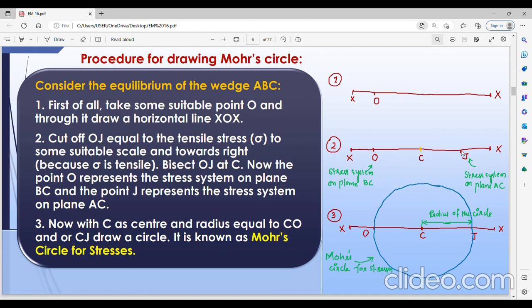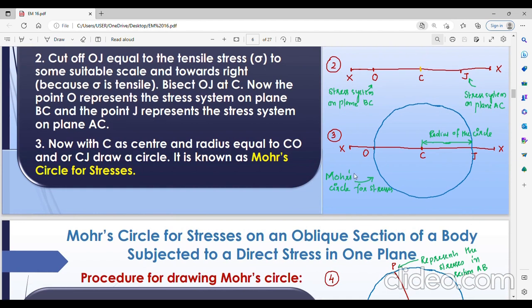So CJ as the radius, we are drawing a circle. It will pass through the points O and J. Got it? This circle is known as Mohr's circle for stresses. When you are taking sigma as the diameter of a circle, we can call it a Mohr's circle for stresses, and we use this particular circle for determining the normal stress, resultant stress, shear stress, etc.